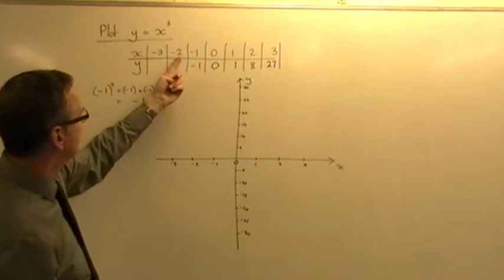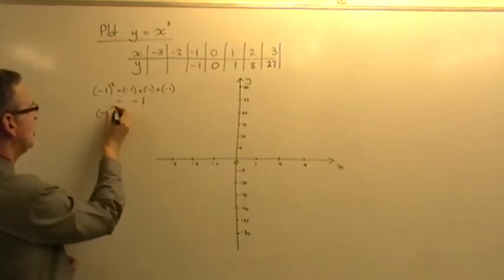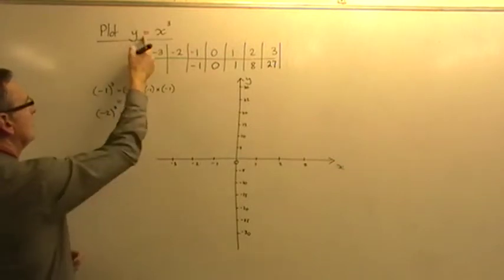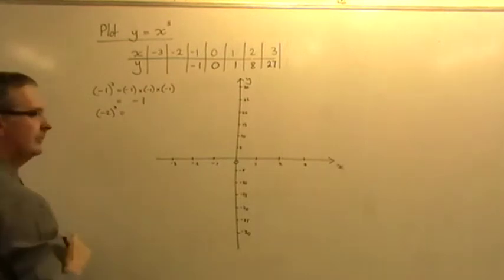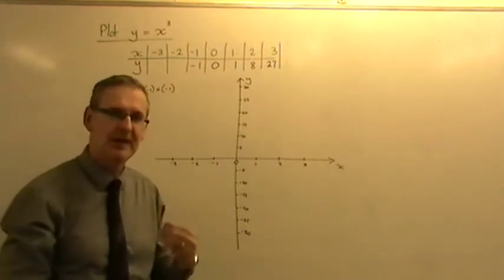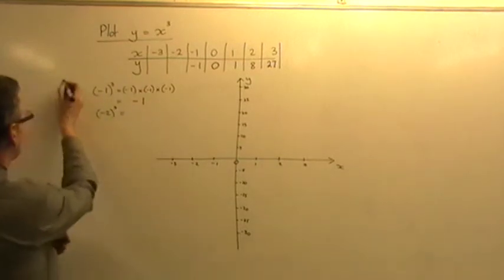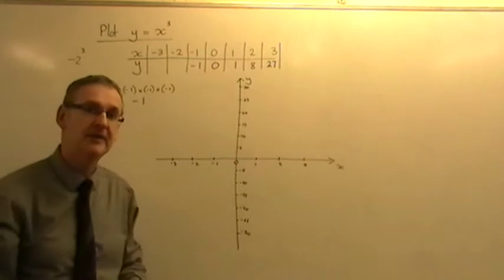Next, if x is minus 2, we've got y equals minus 2 cubed. So minus 2 in a bracket, I'm going to cube it. Notice when I want to cube minus 2, I put the minus 2 in a bracket. I don't just simply write minus 2 cubed, because that actually means something different.